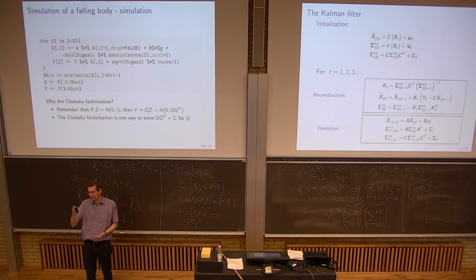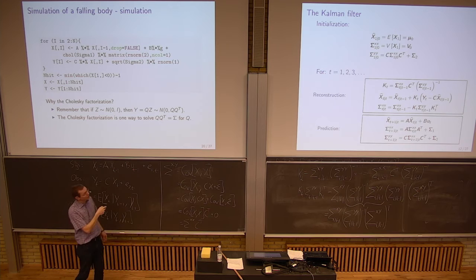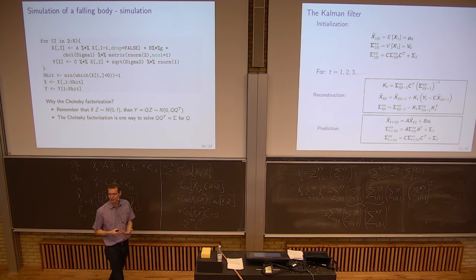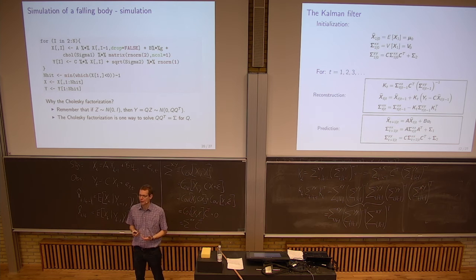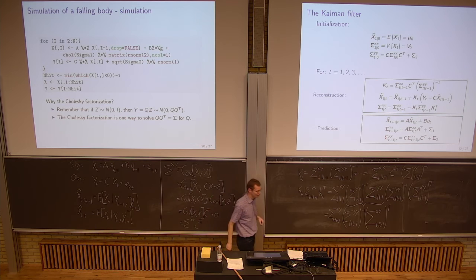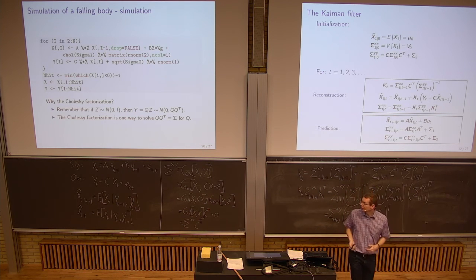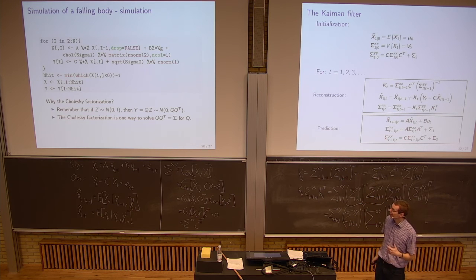And that is, as you said, the Cholesky factorization is one way to find 2 matrices where you take the matrix and multiply by the transpose. Then you get something that is a symmetric matrix. So that's the reason. It's basically just a hack to get something that we can multiply to scale the covariance with the covariance matrix to get the right correlation structure of the noise that we have.